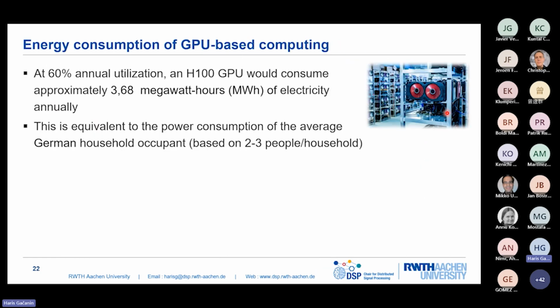If we do some simple calculations, if we take the H100 GPU and assume that it's only consuming 60% of our time in operations, then it will consume somewhere around 3.668 megawatt hours of electricity in 1 year. That was equivalent to one German household, which is around a 2 to 3 person house.